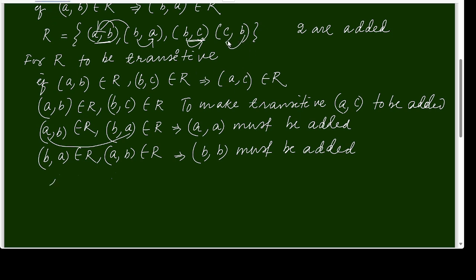C comma B is there, and B comma C is there. So CC must be added. C comma B belongs to R, B comma C belongs to the relation. So CC must be added.